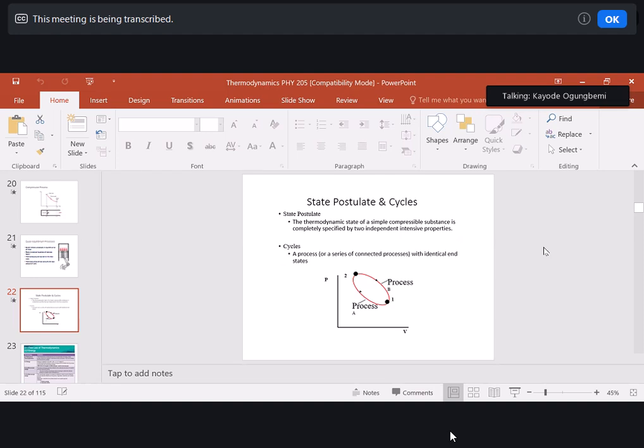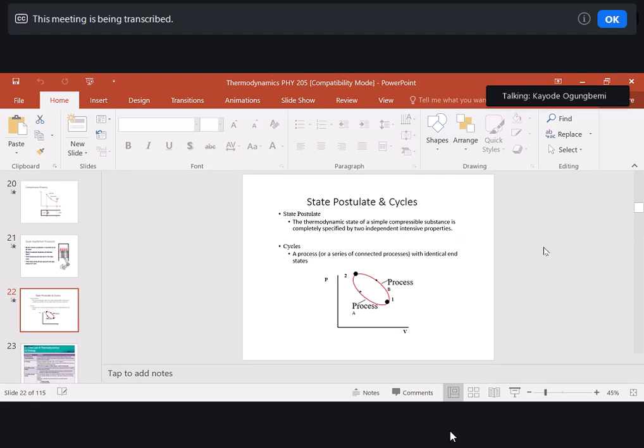At the final stage of A, the pressure is higher and the volume is lower. So this kind of process is called compression. You are compressing the system because you are moving from a bigger volume to a lower volume, from a state of lower pressure to a higher pressure.